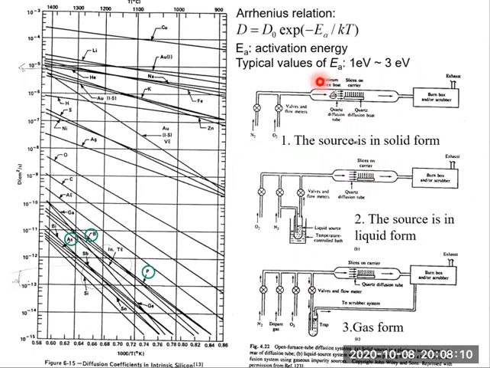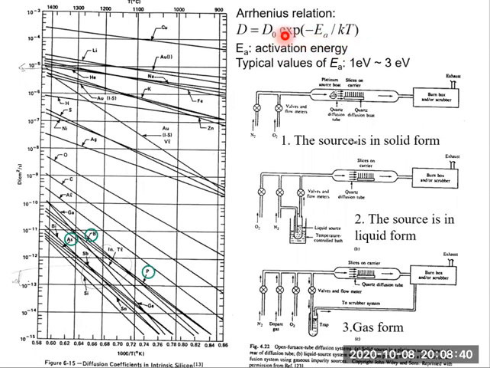But note that the diffusion coefficient D is a function of temperature. It's equal to D0 times the exponential function of negative EA divided by kT. This relation is typically called the Arrhenius relation.